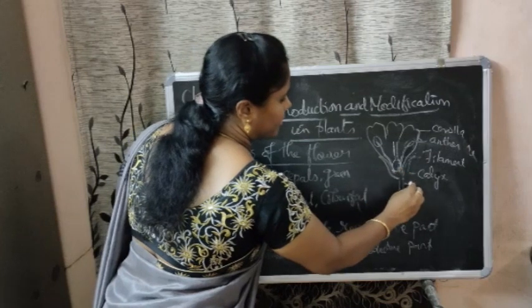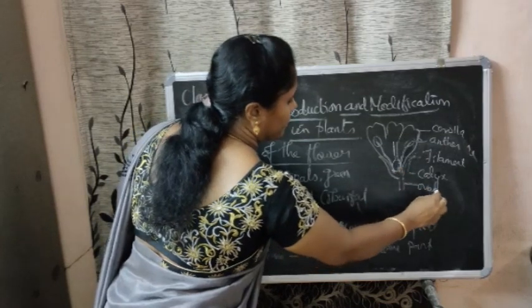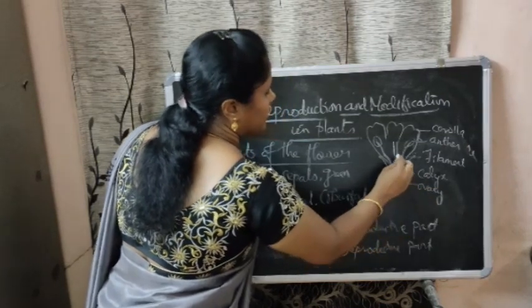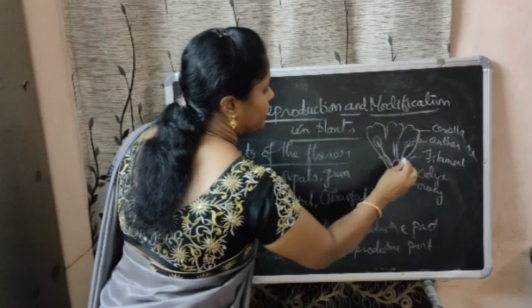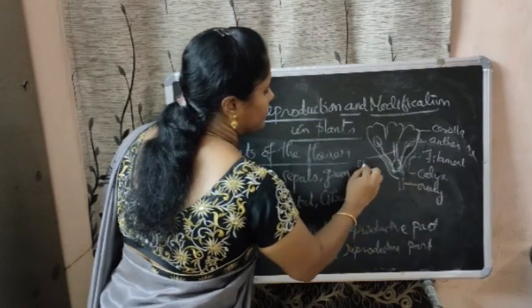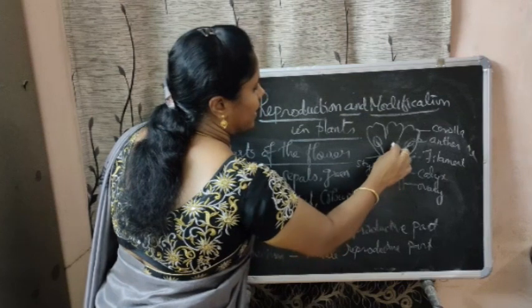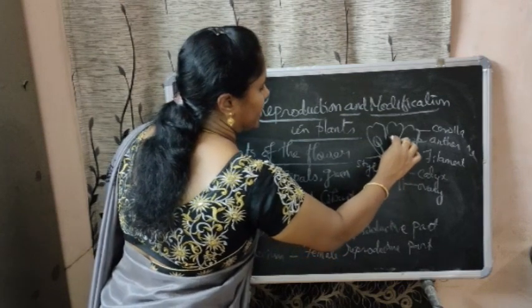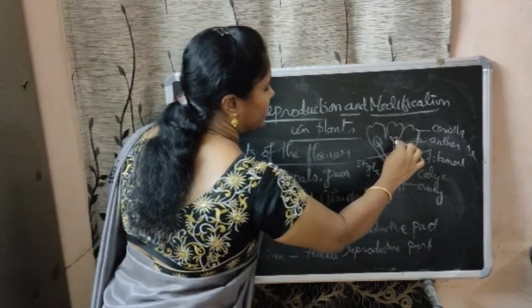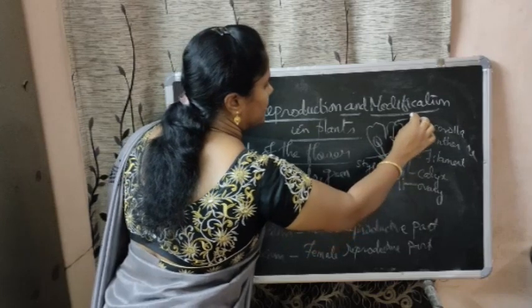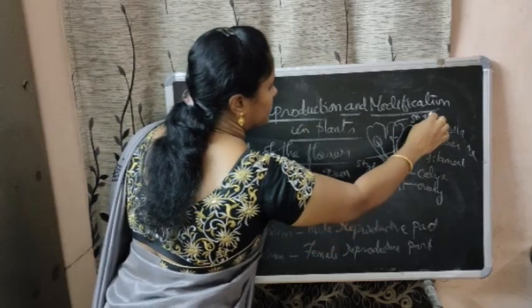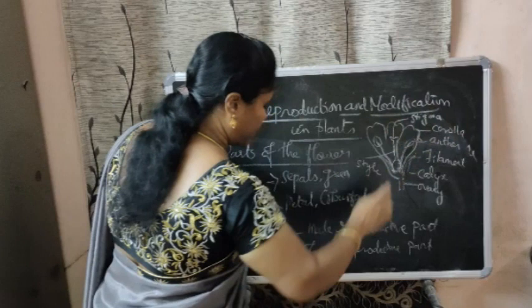The basal swollen part is called the ovary, and the long slender tube is called the style, and this style extends to form a sticky tip, which is called the stigma.